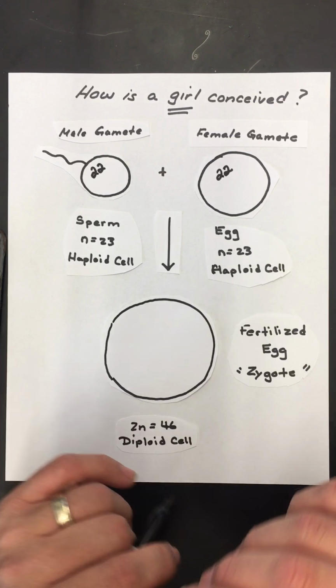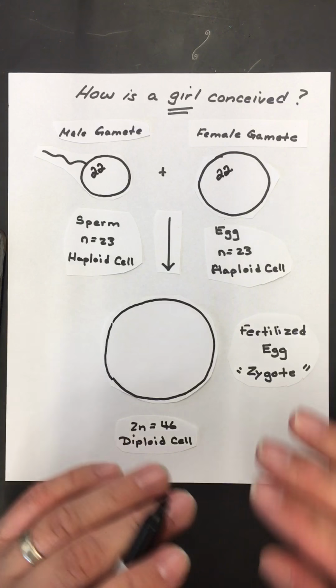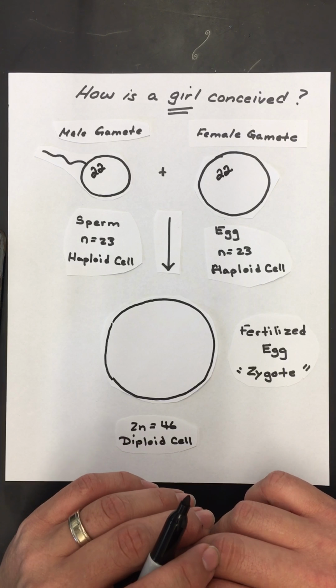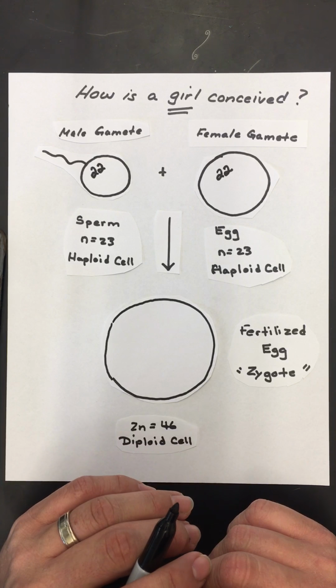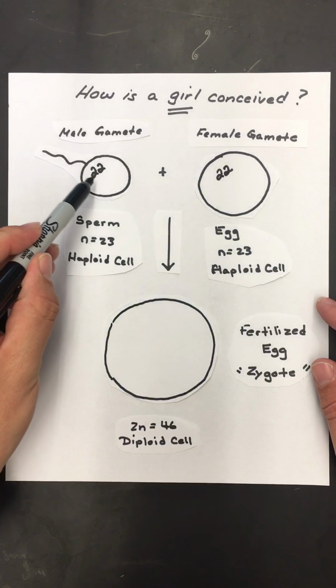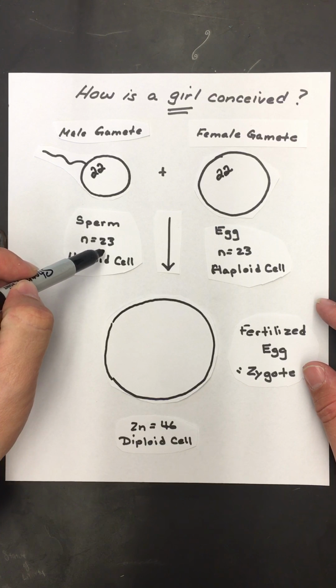They have recipes for making all these proteins that are going to keep you alive, but none of those proteins directly are involved in the formation of your reproductive organs, right?